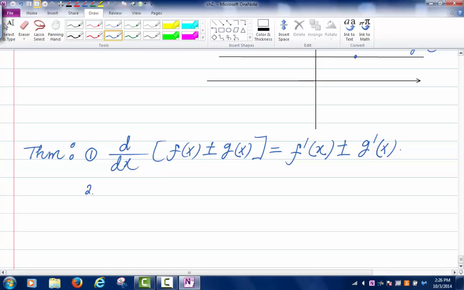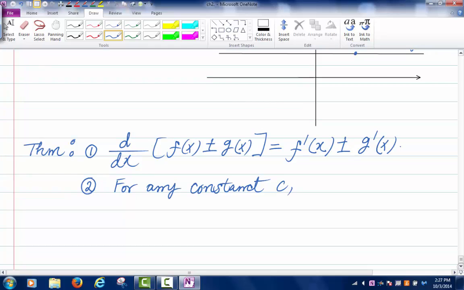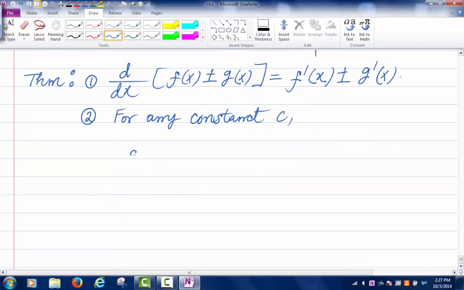Number 2, for any constant c, the derivative with respect to x of c times f of x, well, what this is going to say is that you can factor out the c outside of the derivative.